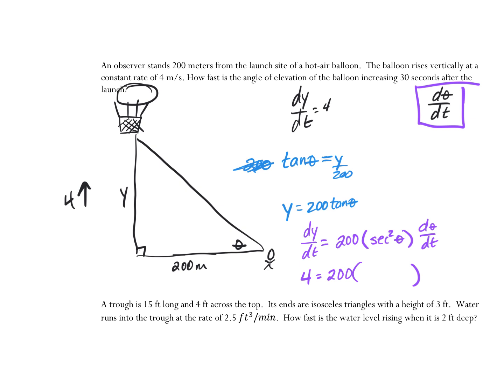There is a piece of information we haven't used yet. Do we know how tall the balloon is if it's been traveling for 30 seconds? So at t equals 30 seconds, y is equal to 120.